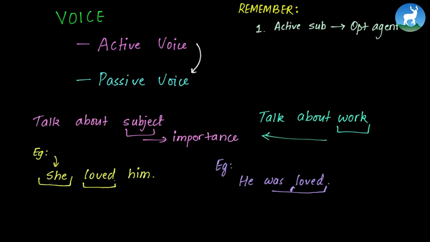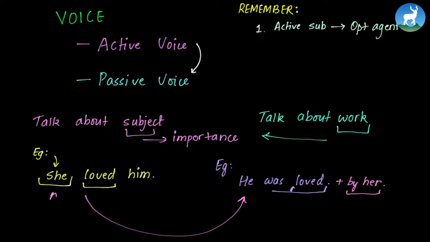The active subject here is she. And while we change she loved him into passive voice, we have not seen the use of she. So we can use it as he was loved by her. Now this becomes the optional agent. Hence we say the active subject in active voice is changed into optional agent in passive voice.